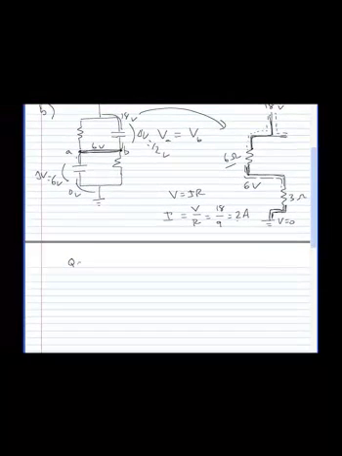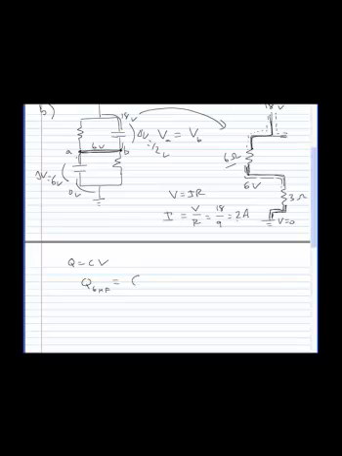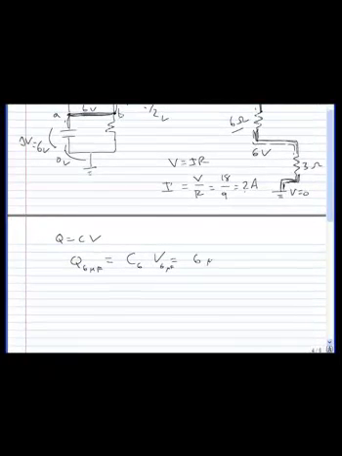So I have Q equals CV. So Q on my 6 microfarad capacitor is going to be C times V. I've got a 6 microfarad capacitance, and I have 12 volts, gives me 72 microcoulombs.